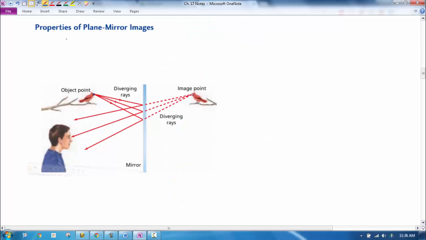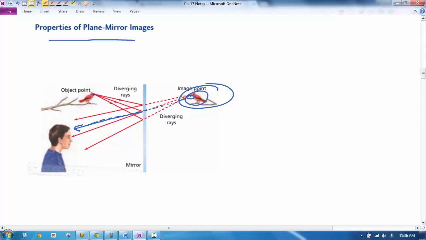All right, so here's an example of some of the properties of plane mirrors. It turns out that light coming from a bird, for example, on this limb, reflects off of a plane mirror, and we see the bird as if it's at this point. Our brain detects these light rays diverging from one another, and then detects that they all come from one image point.